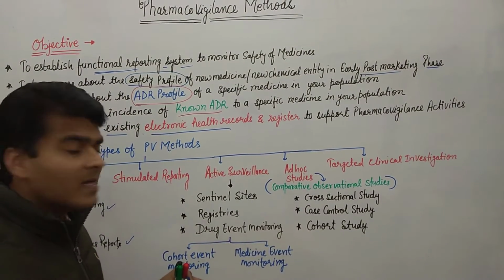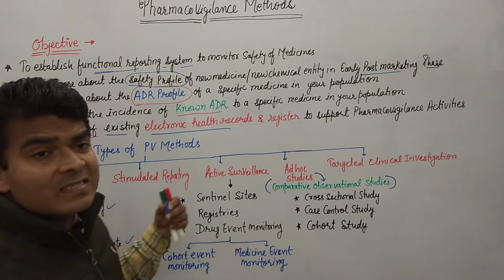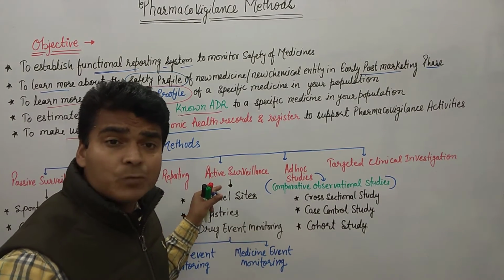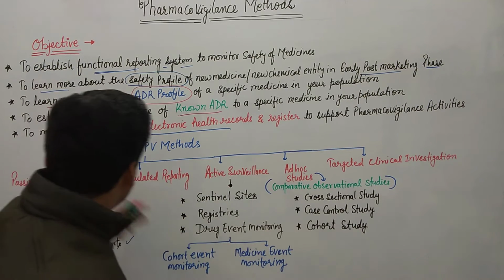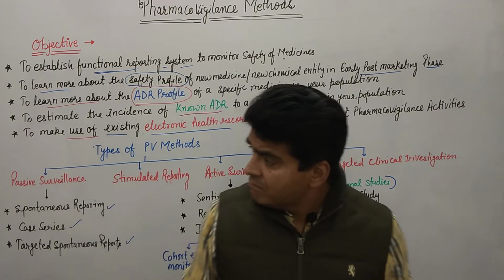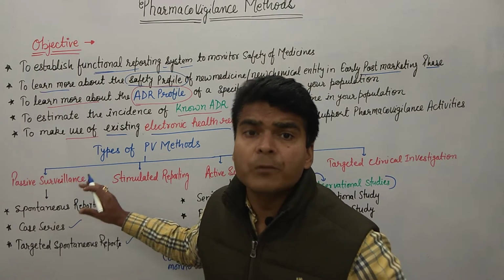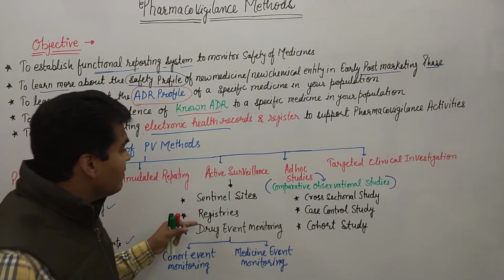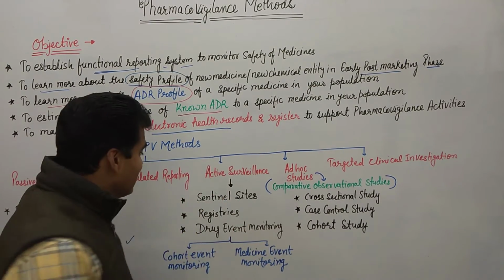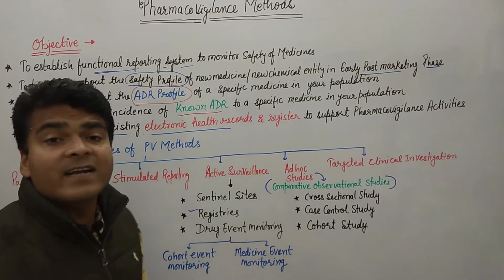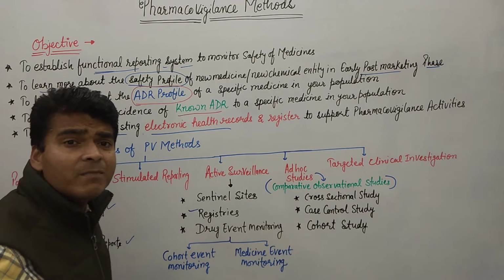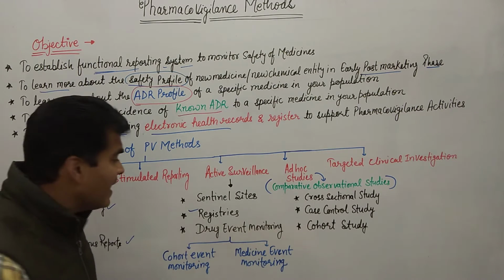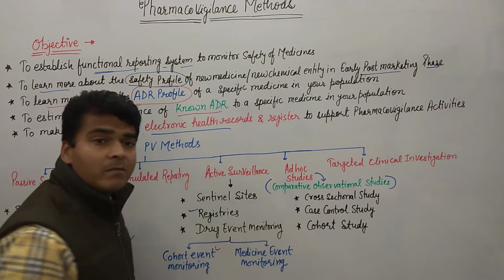The word itself suggests that here some kind of activity is pushed, whereas in passive surveillance there is not much need to push any activity. In active surveillance we have sentinel sites, then registries, and then drug event monitoring. Drug event monitoring is further divided into 2 categories: cohort event monitoring and medicine event monitoring.